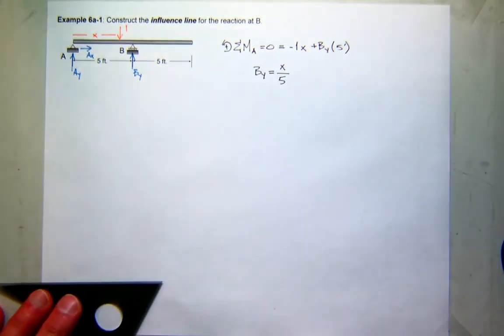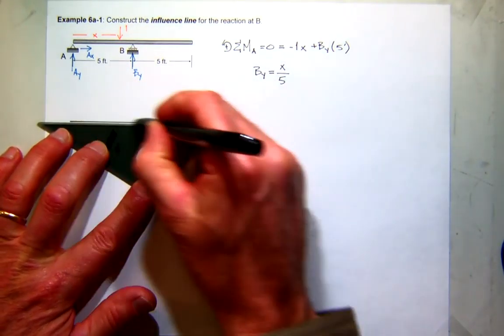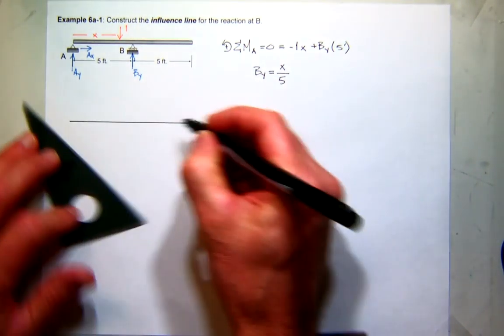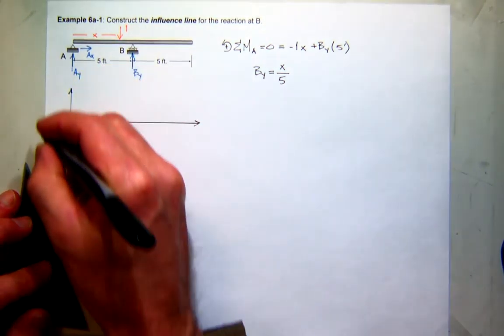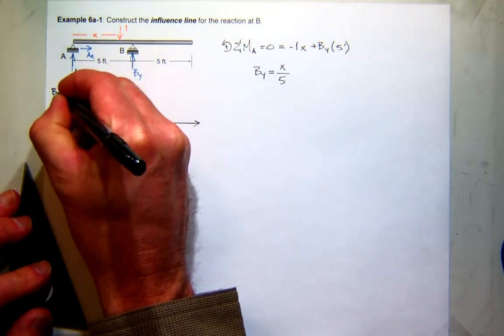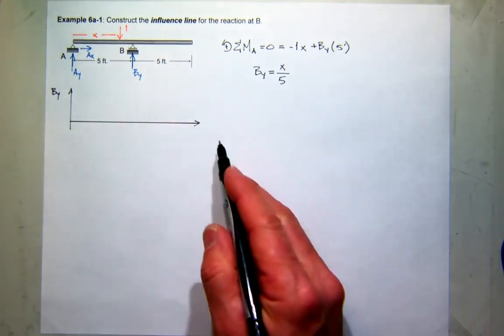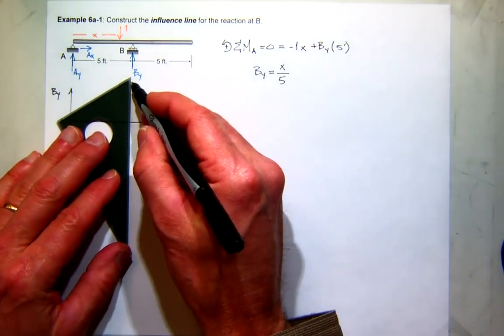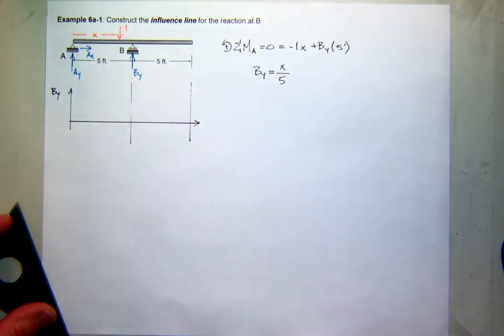I don't think that's hard to plot, so let's plot that. The ordinate of my graph, remember now, is BY. So I'm tracking the value of BY as the unit load varies across the structure. I'll put some lines down to give you some space.